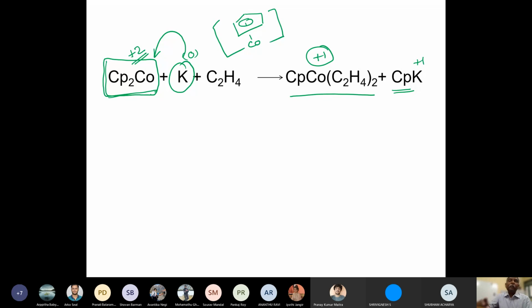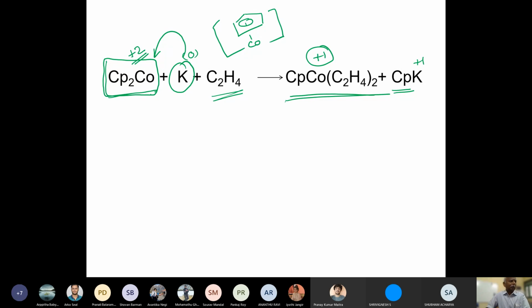It can take up another 4 electrons in order to form an 18 electron complex, and that's what it does. It takes up 2 molecules of ethylene and forms a CpCo bis ethylene complex. Now let me show you.